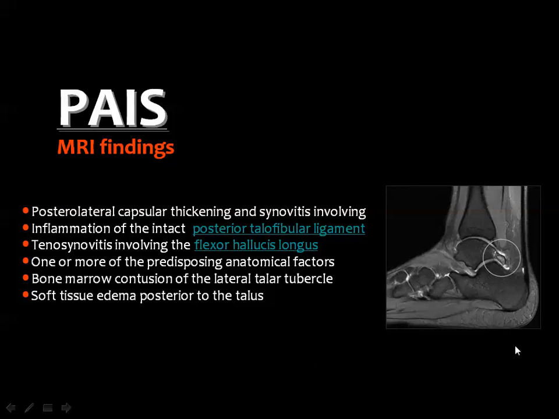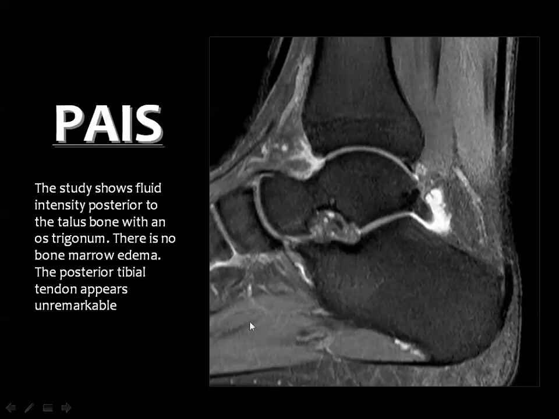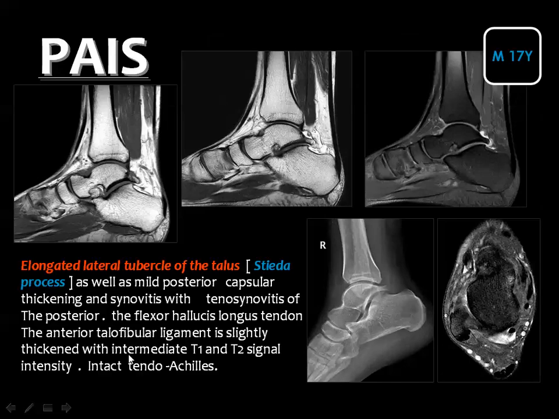Sometimes you get tenosynovitis of the flexor hallucis longus tendon, and you may get soft tissue edema posterior to the talus. And this is a good example of posterior ankle impingement where there is elongation of the lateral process of the talus with surrounding soft tissue edema. There are no fractures, there is no os trigonum, and there is no bone marrow edema of the talar process.